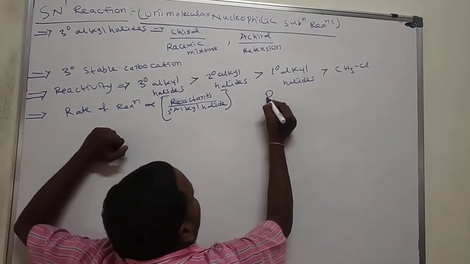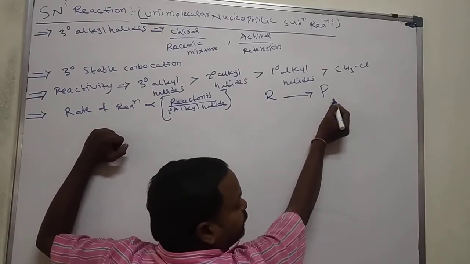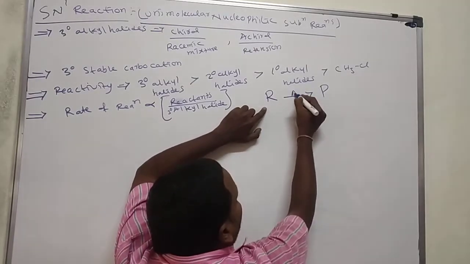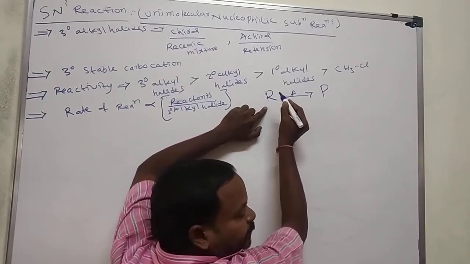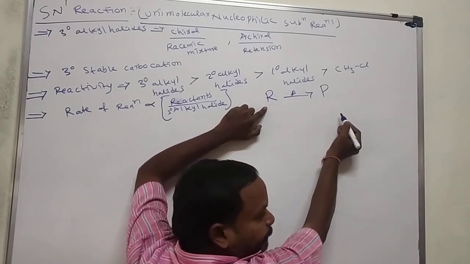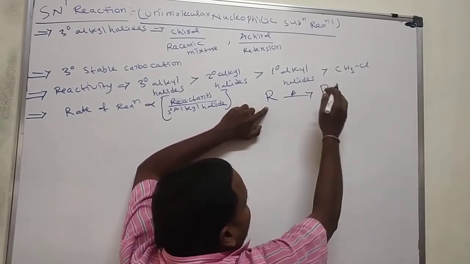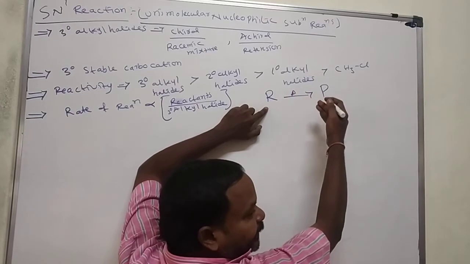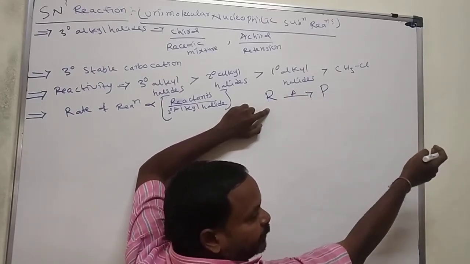When reactants form products, suppose we are heating, what happens? The concentration of reactant decreases with changing time. That change with time we call the rate of the reaction. Or, when we are heating, the concentration of product increases.